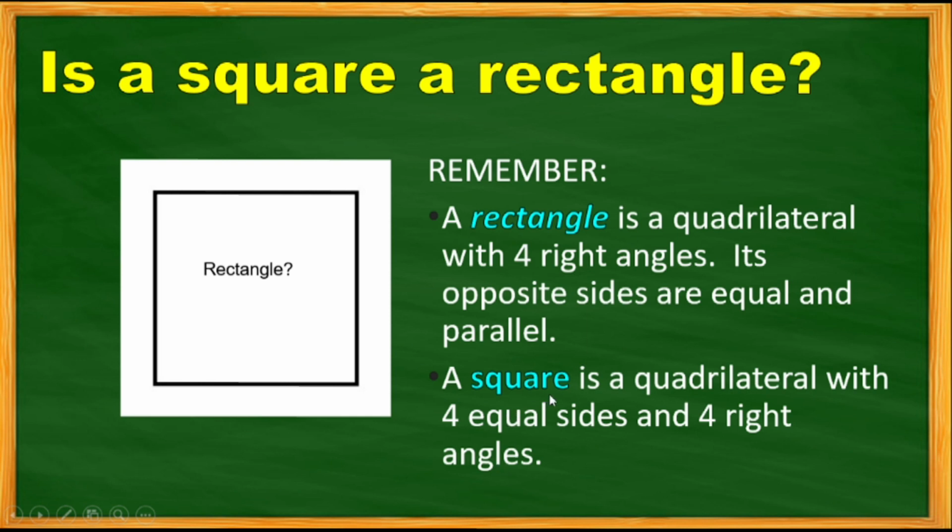We can say they are the same in 4 right angles. So we can say that a square is a rectangle because its opposite sides are parallel and it forms 4 right angles.